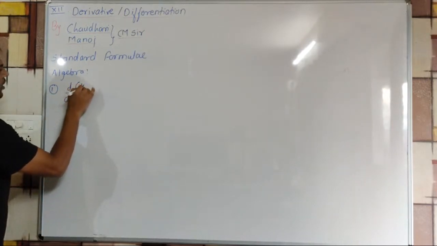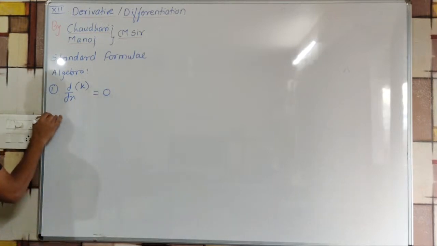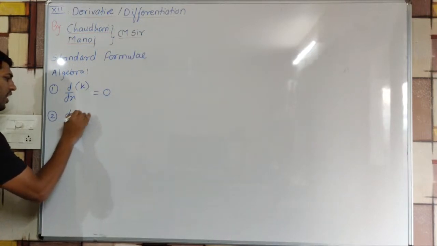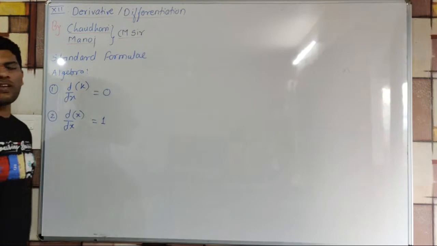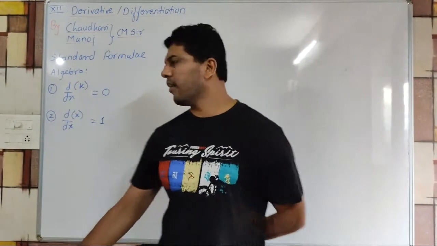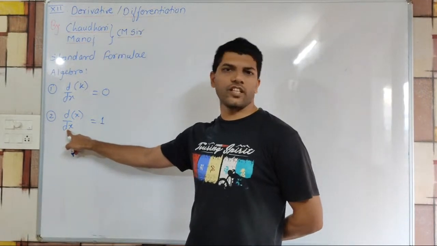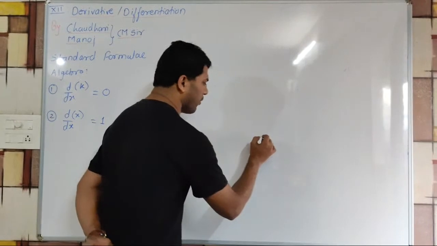You know that the derivative of a constant is 0. The second formula was the derivative of x with respect to x is 1. Always remember, if the variable is x and we are differentiating with respect to x, then the outcome is always 1. This is just symbolic in the form of x.